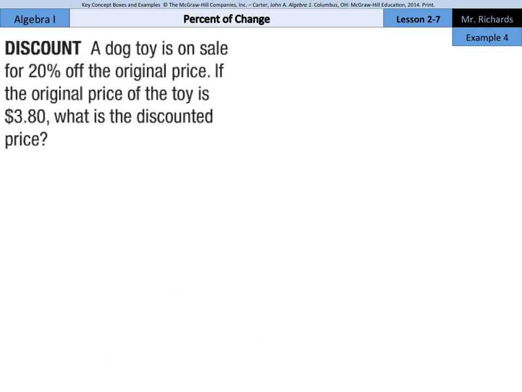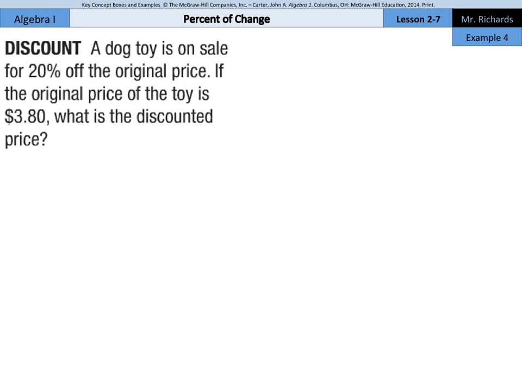A dog toy is on sale for 20% off the original price. If the original price of the toy is $3.80, what is the discounted price? Well, just like our sales tax, there's two different ways to solve this.